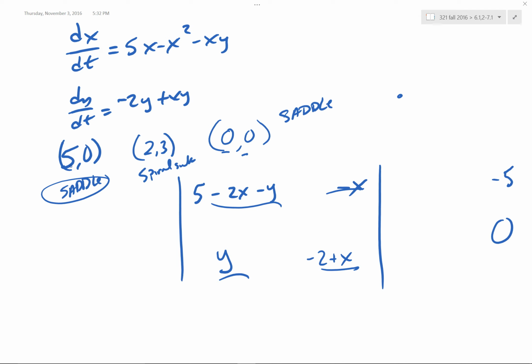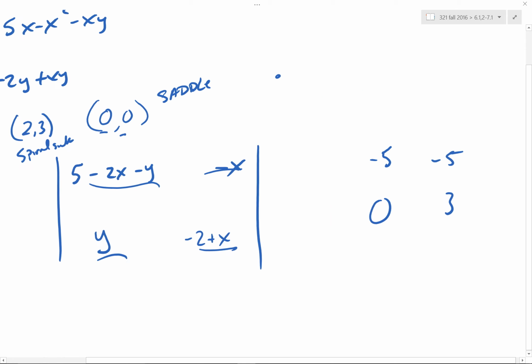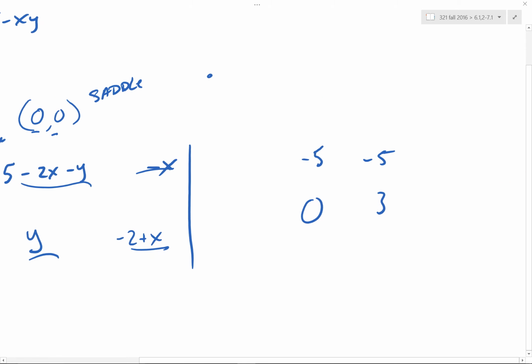Okay? Number 13 says show that the linearization of 4 at 5, 0 is negative 5u minus 5v, which is basically what I'm saying, and then 3v. Now what they're saying is this. It's not really x's and y's anymore when you take the derivatives.